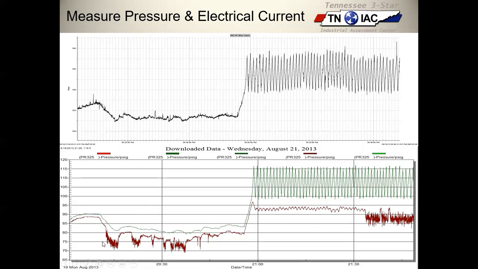This is the upstream pressure right at the compressor, and this is out in the plant someplace.